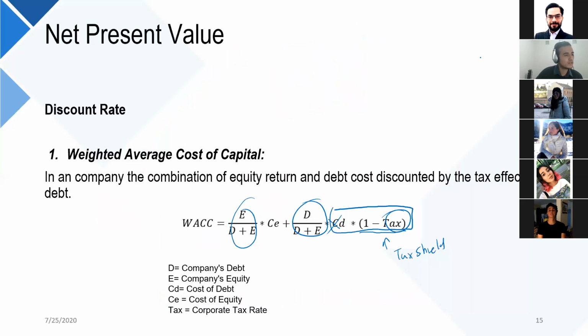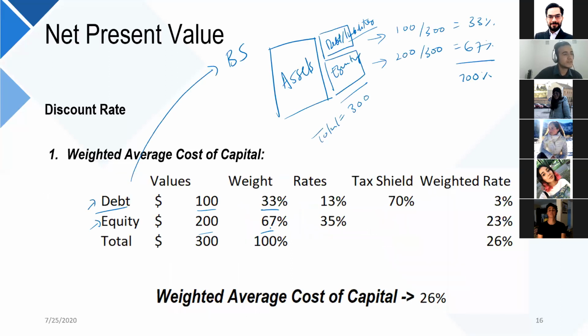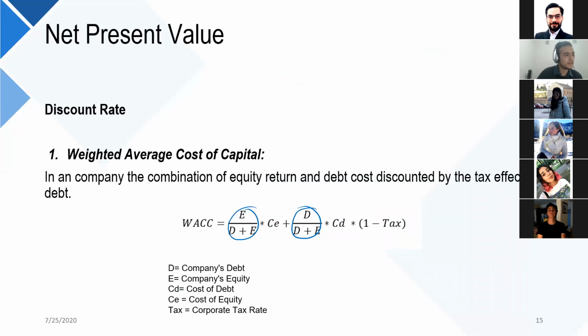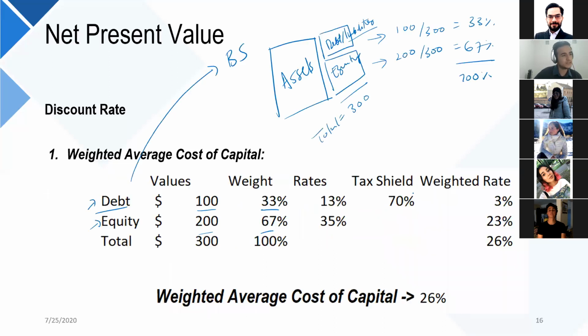So that way, here, we are done with this part of the formula. Now we have these two numbers. Next, we need to multiply by the rates. You see the cost of equity and the cost of debt, and the cost of debt again should be reduced by the tax shield.